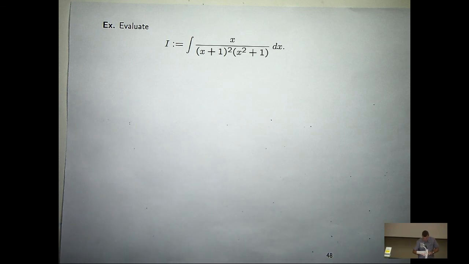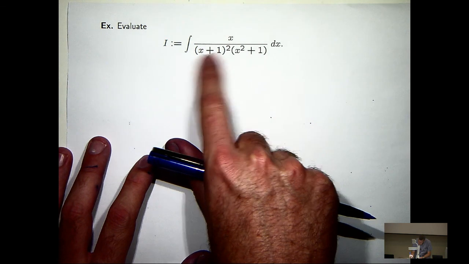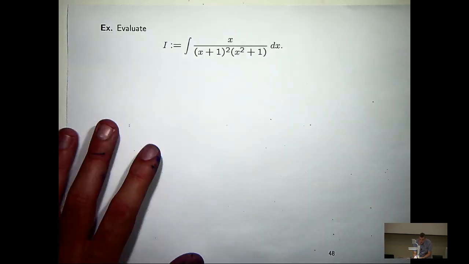All right. What would be the setup for this one? You see, we've got some repeated linear factors and something that doesn't factor, the x squared plus 1.